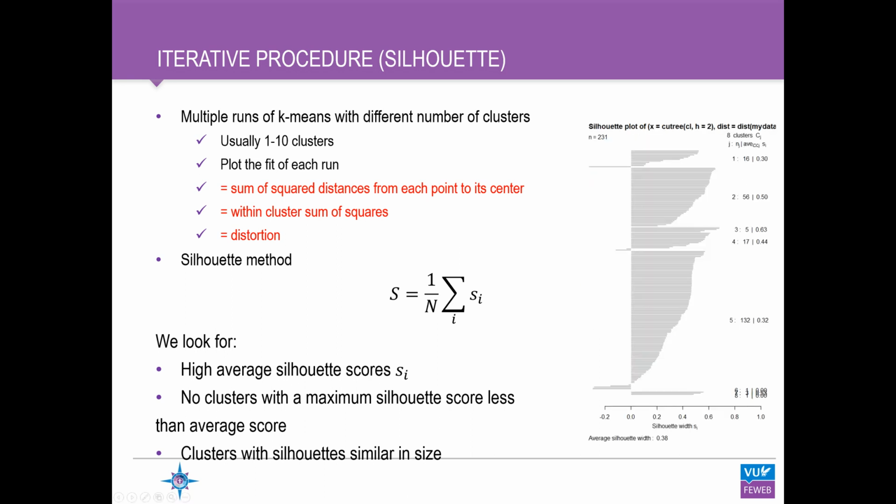Now how does this look? This is a silhouette plot where, for each observation within each cluster, we calculate the silhouette score. You see there are some negative scores, so this observation does not fit very well with this cluster. We also see that the clusters vary in their silhouette scores.